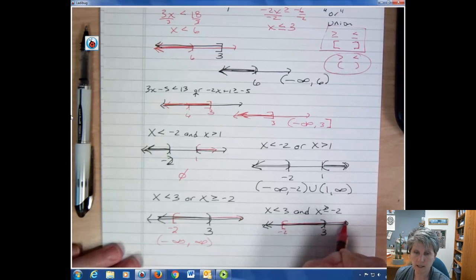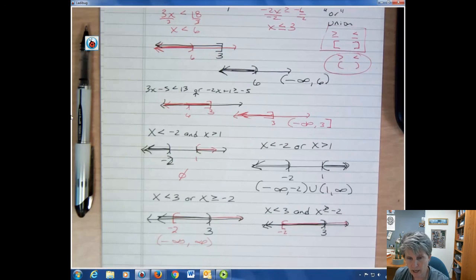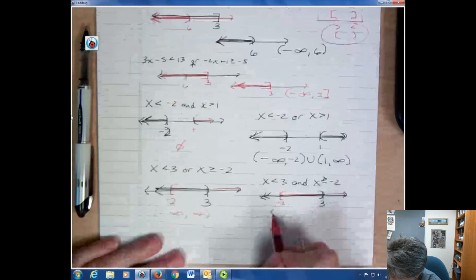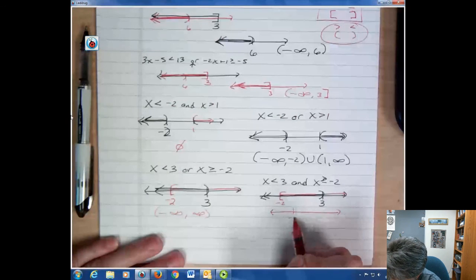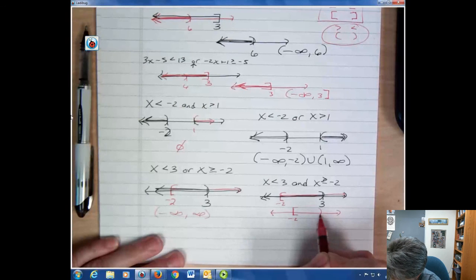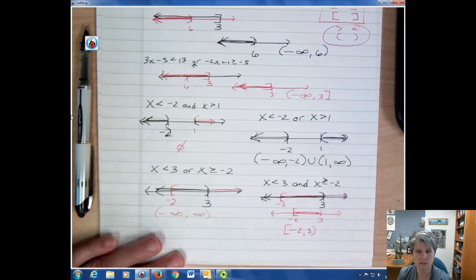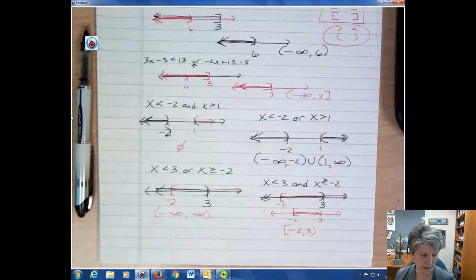The and is asking me where they overlap. So in this case, my final answer would be that they just overlap here from -2 up to 3. I'd have -2 to 3, a bracket at -2 and a parentheses at 3. Those are all the possibilities that could come up on your final.